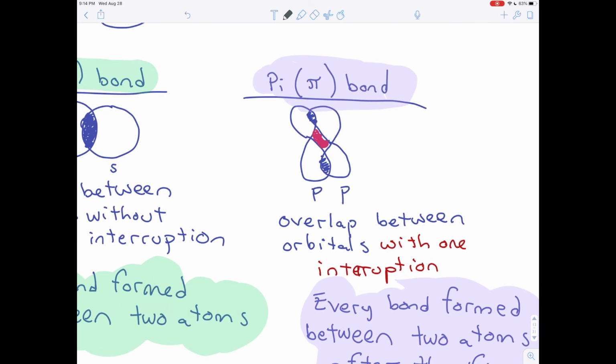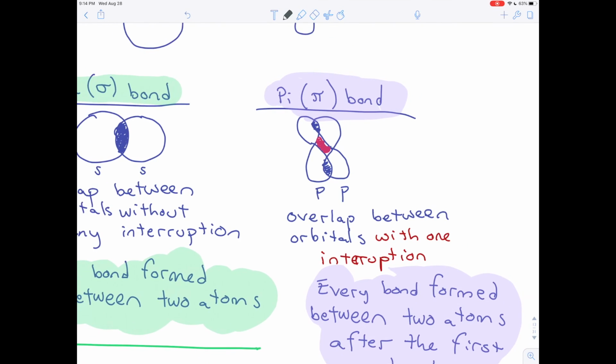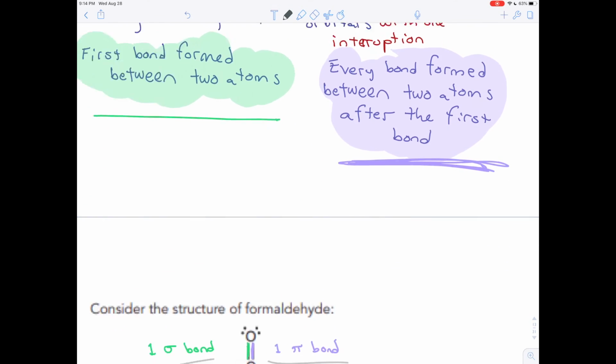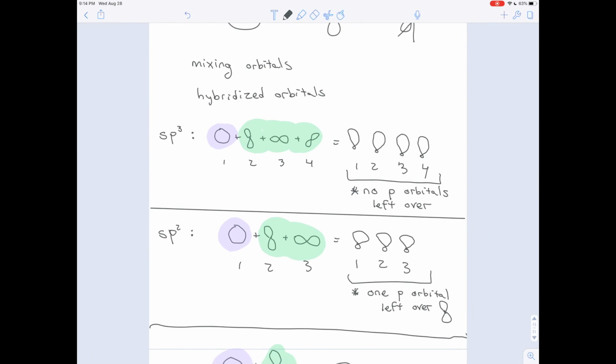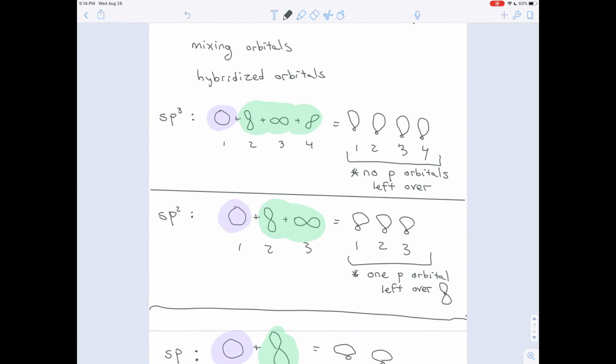It's p orbitals that overlap in 2 places but have this interruption of the overlap in the middle. So however many pi bonds you have, that's how many p orbitals on an atom you need. If you have no p orbitals, you can't form any pi bonds, and so you can recognize an sp3 hybridized atom because it will have all sigma bonds.